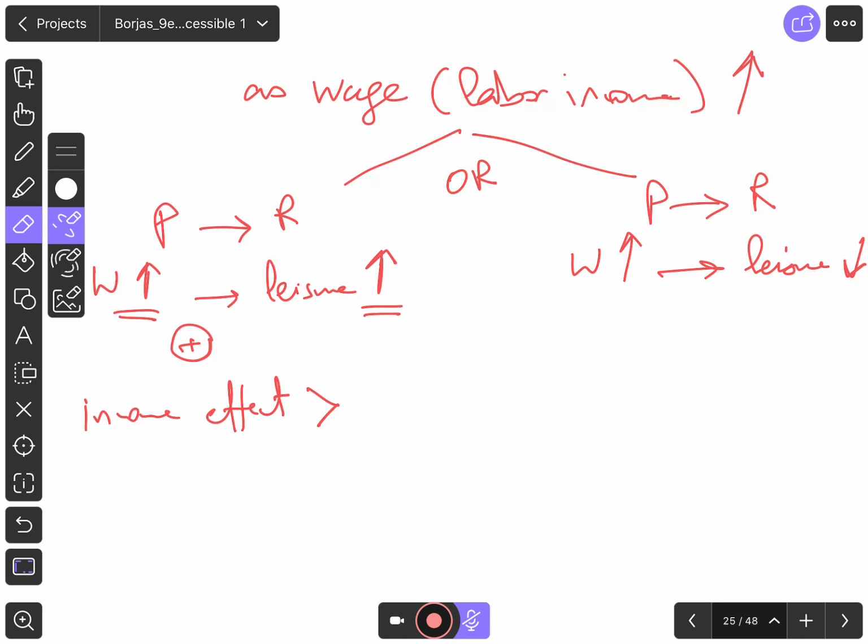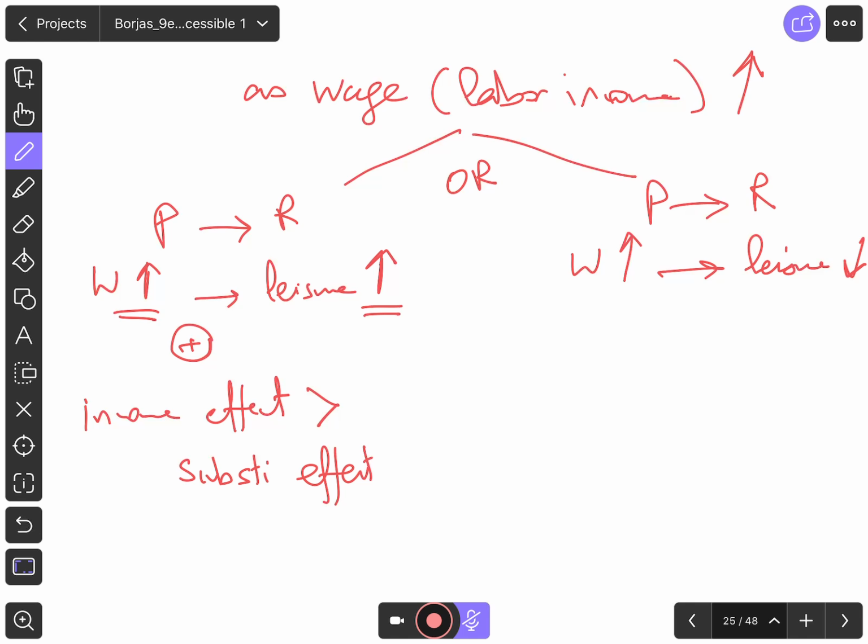Sorry, the iPad is a little slippery. Here it's just the opposite. Labor income increases, leisure time decreases, so it's negative. So the income effect is less than the substitution effect, or the substitution effect dominates the income effect.